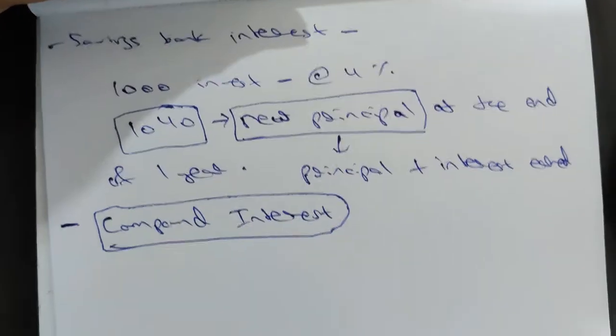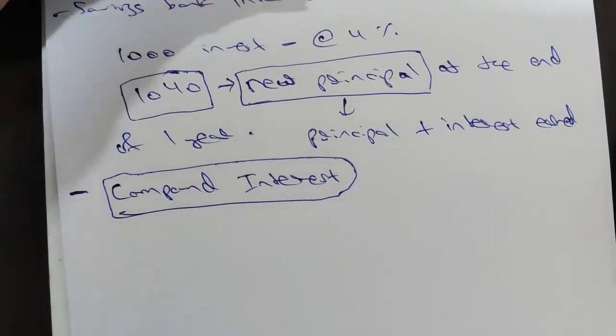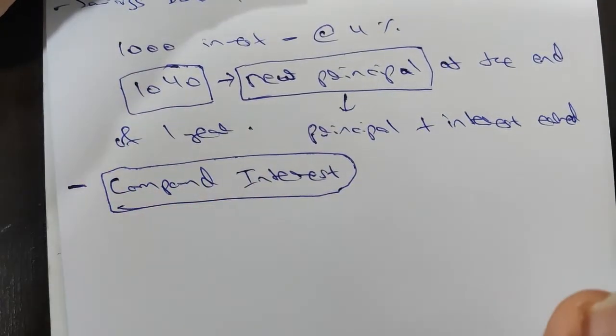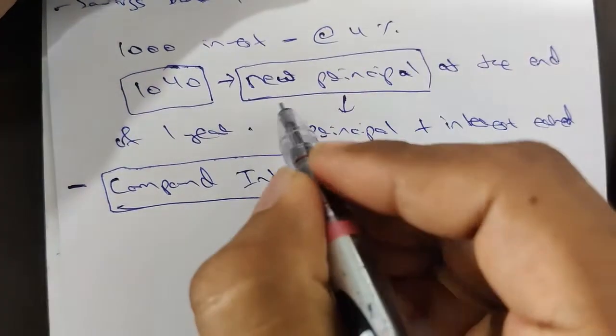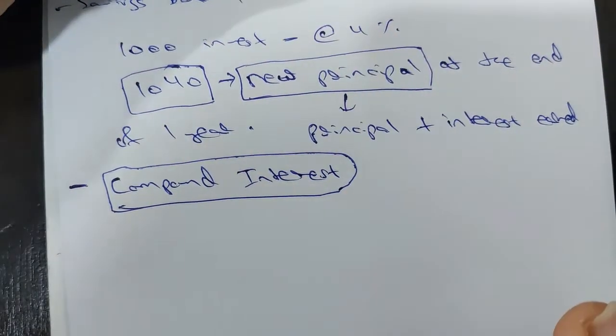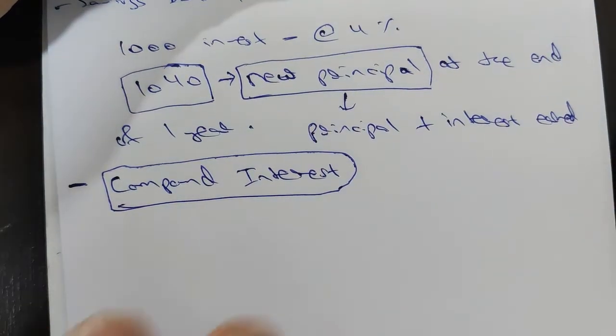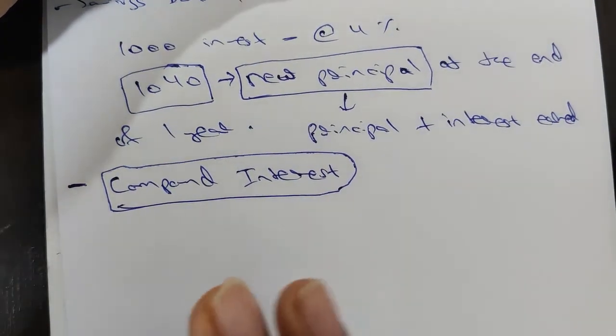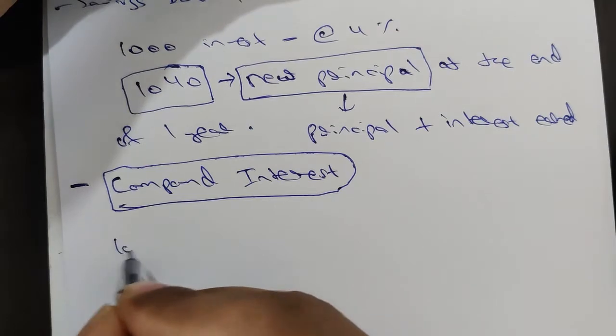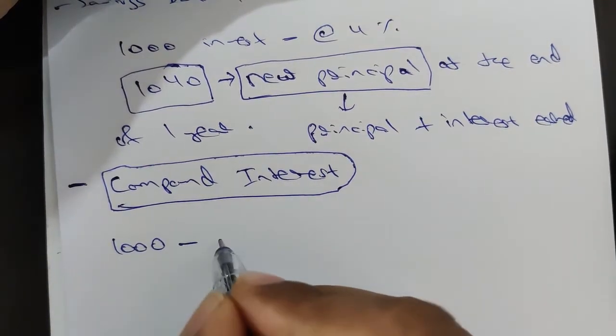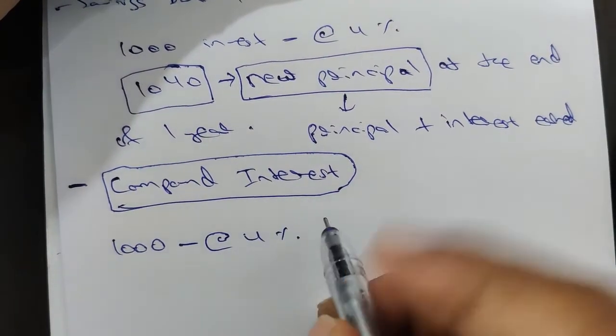Now suppose, let's use this sum. We have not yet learned anything about compound interest till now, except that our principal keeps on changing. So we'll use the concept of simple interest only to calculate compound interest. Now suppose 1000 invested at the rate of 4%.